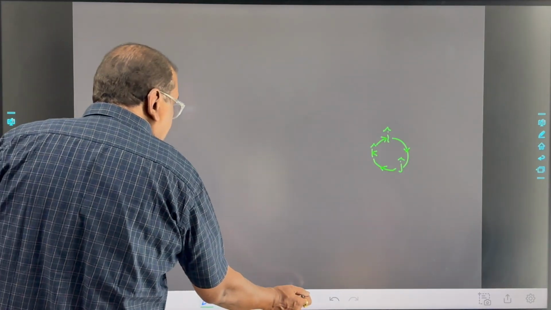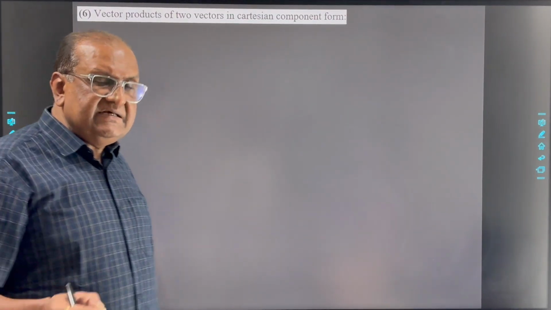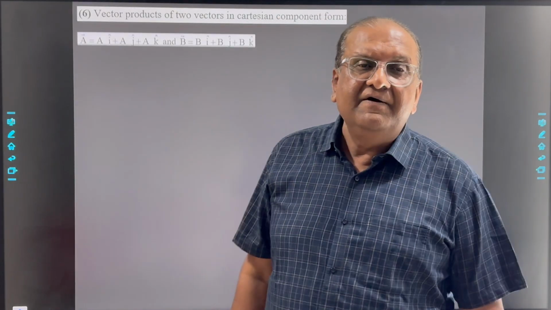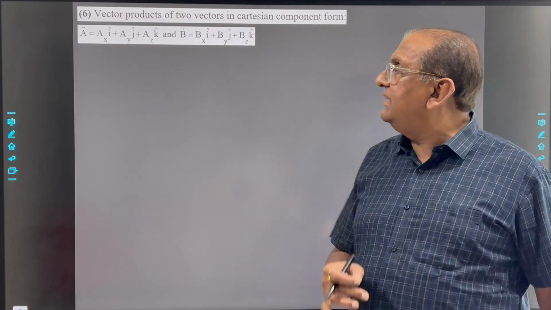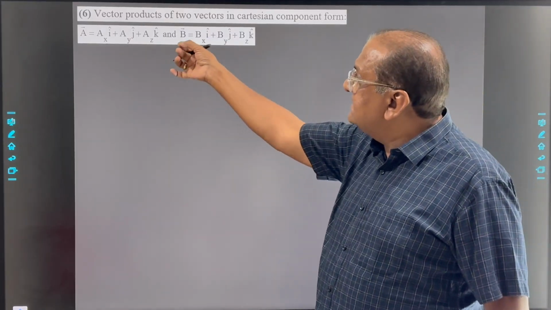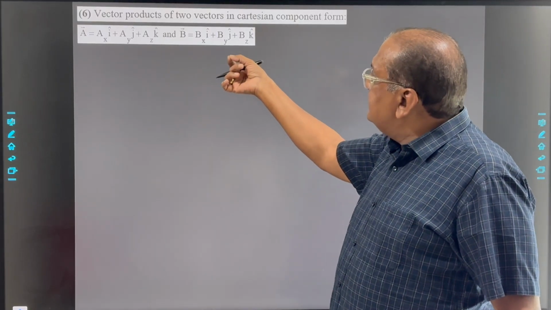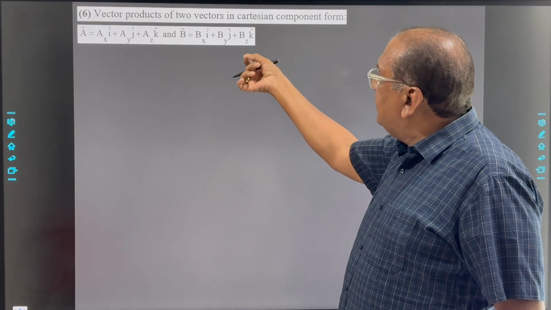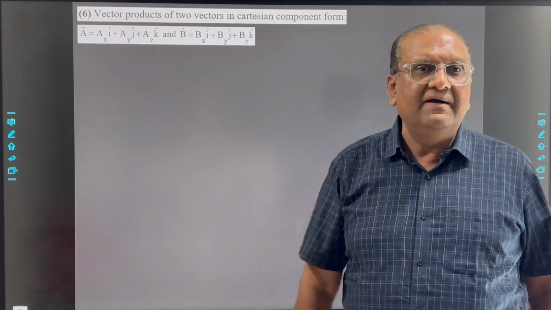Now the vector product between vectors in the Cartesian component form. In Cartesian component form we write vector A equal to Ax i caret plus Ay j caret plus Az k caret, and vector B equal to Bx i caret plus By j caret plus Bz k caret.